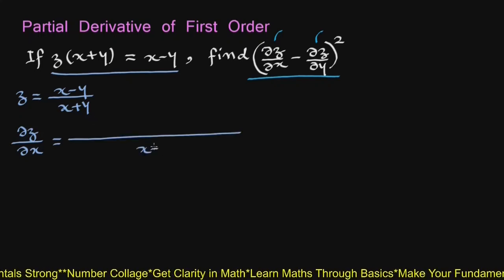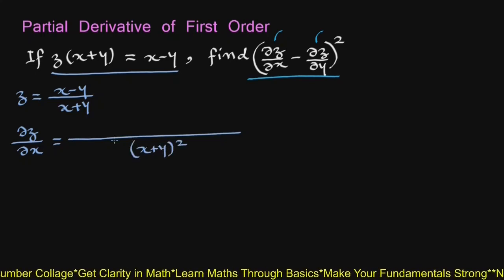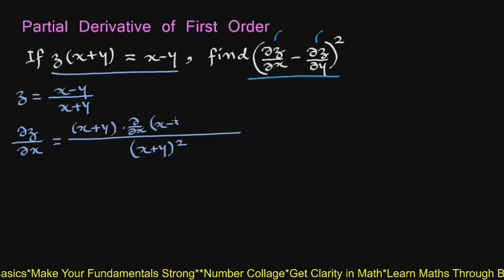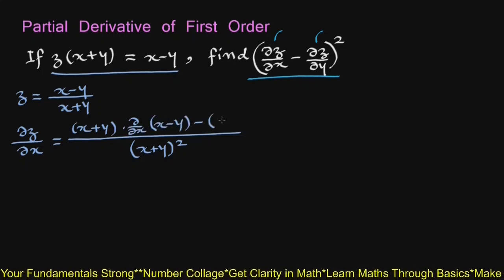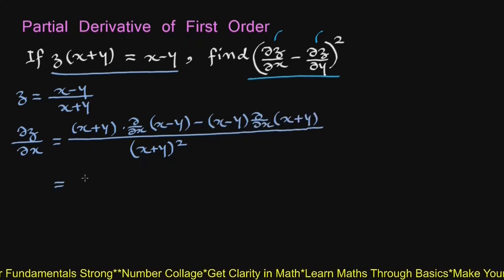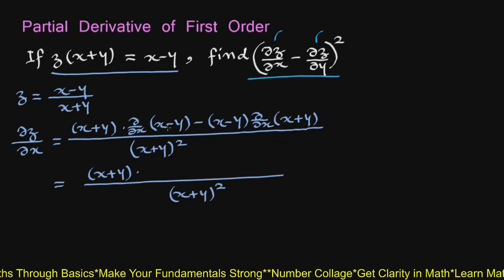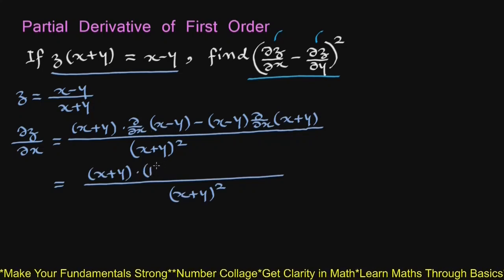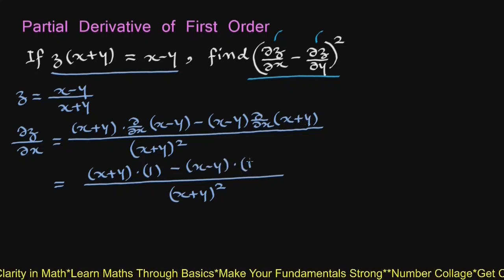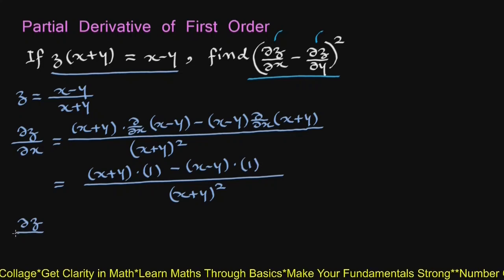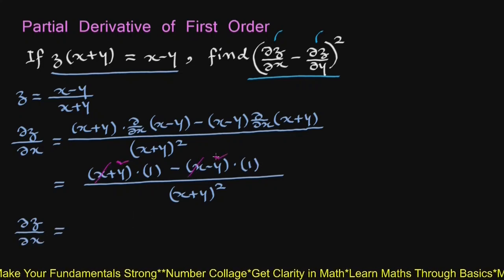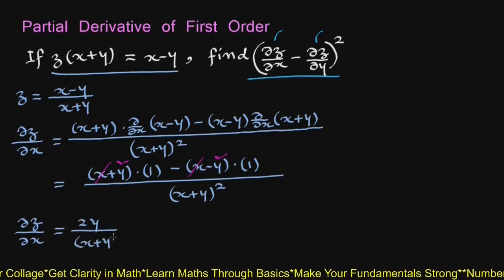So (x plus y) whole square in the denominator, and in the numerator (x plus y) into ∂/∂x of (x minus y) minus (x minus y) ∂/∂x of (x plus y). This is (x plus y) into 1 minus 0, minus (x minus y) into ∂/∂x of (x plus y), which is 1. So ∂z/∂x is x minus x will be 0 and y plus y will be 2y, upon (x plus y) whole square.